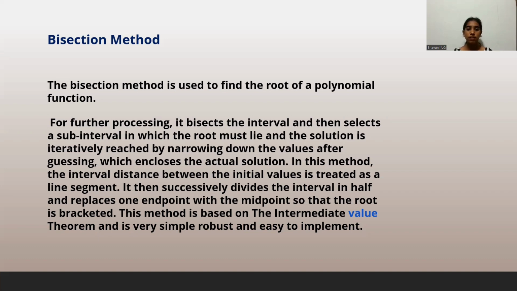It then successively divides the interval in half and replaces one endpoint with the midpoint so that the root is bracketed. This method is based on the intermediate value theorem and it's very simple and easy to implement.